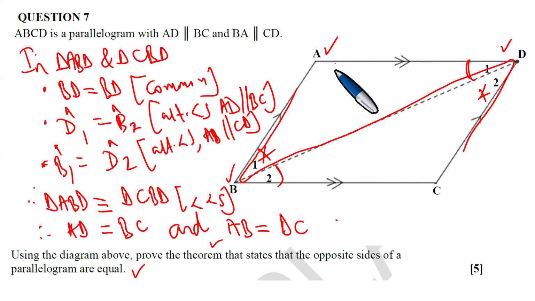Because these two triangles, ABD and CBD, are congruent triangles, meaning that even the corresponding angles and the corresponding sides are equal to each other, because the top one and the bottom one are congruent triangles. Let's look at the next question.